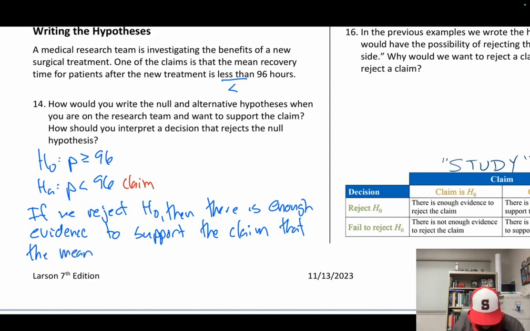The mean recovery time is less than 96 hours.